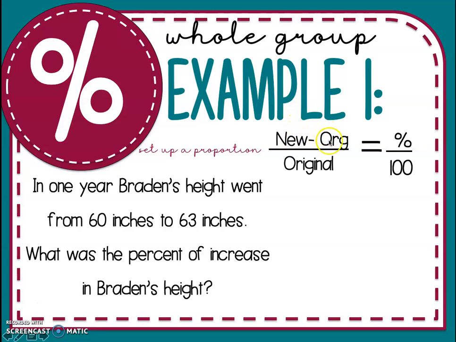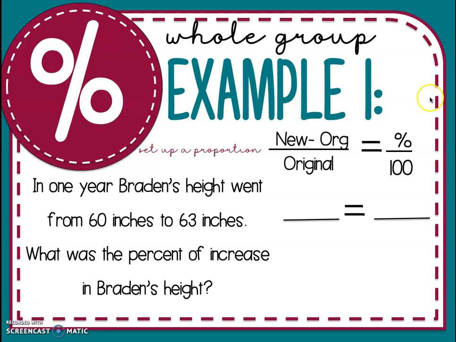The new minus the original over the original, and we're going to set that equal to a percent over 100. The reason we're going to write this is because, number one, it shows the calculations that we did to set up a proportion, and also it's going to help us remember how to calculate percent increase and percent decrease when we're on a quiz or we're on a test and we can't look at our notes.